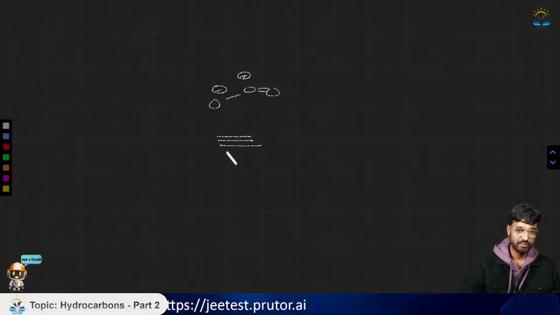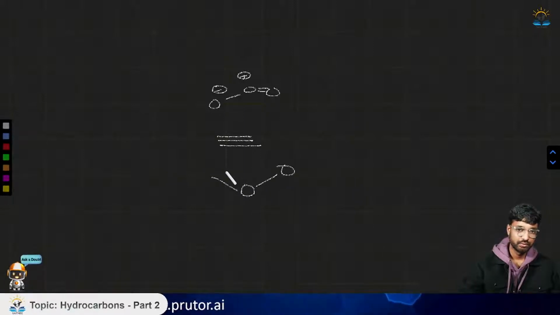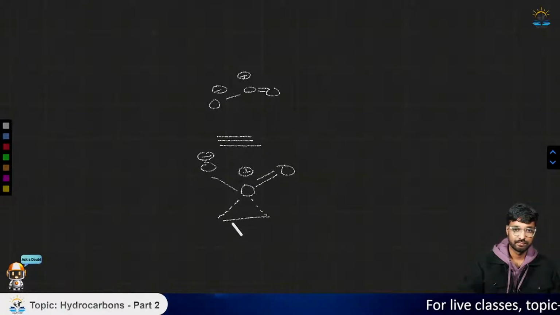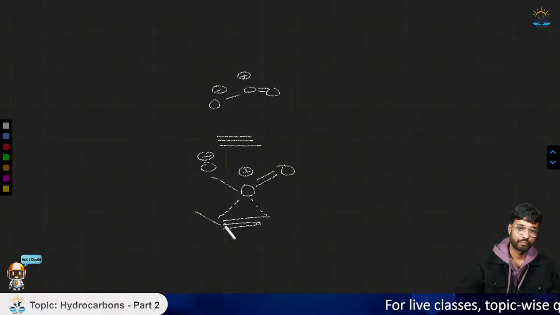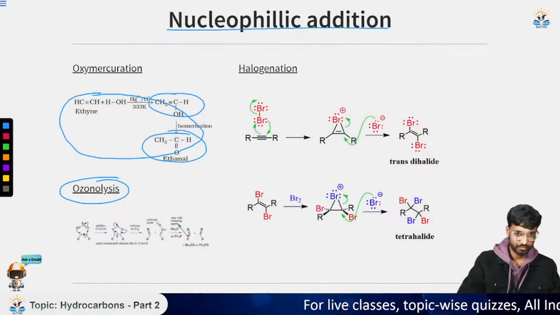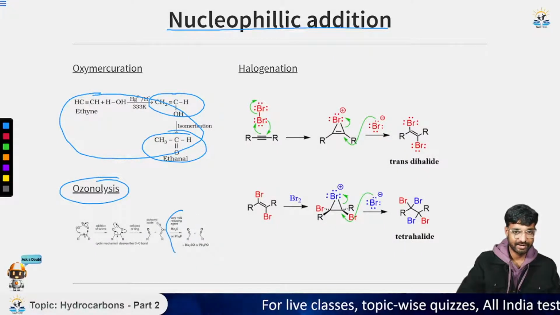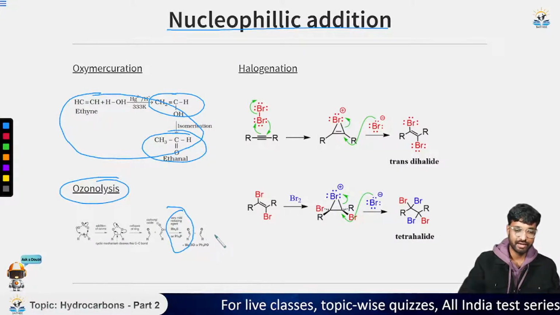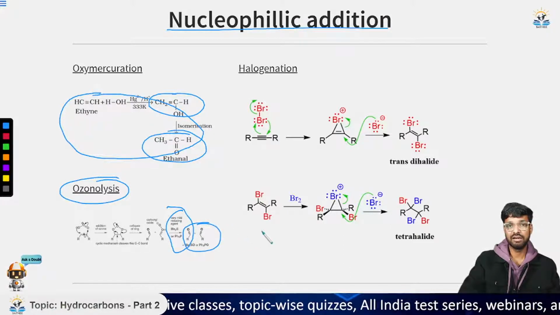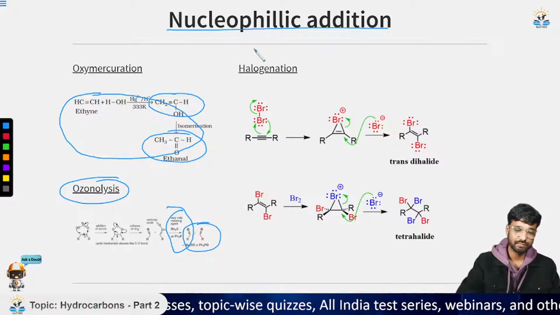Since we know that this is acting as a nucleophile, it will be added like this. Now depending upon the reagent that is added further, whether it is a reducing reagent or an oxidizing reagent, we will get the aldehyde and alcohols respectively.